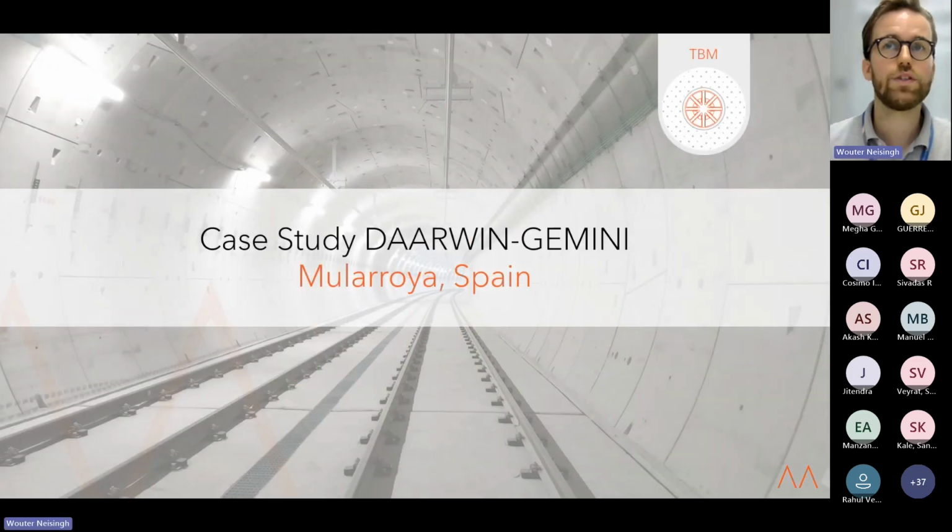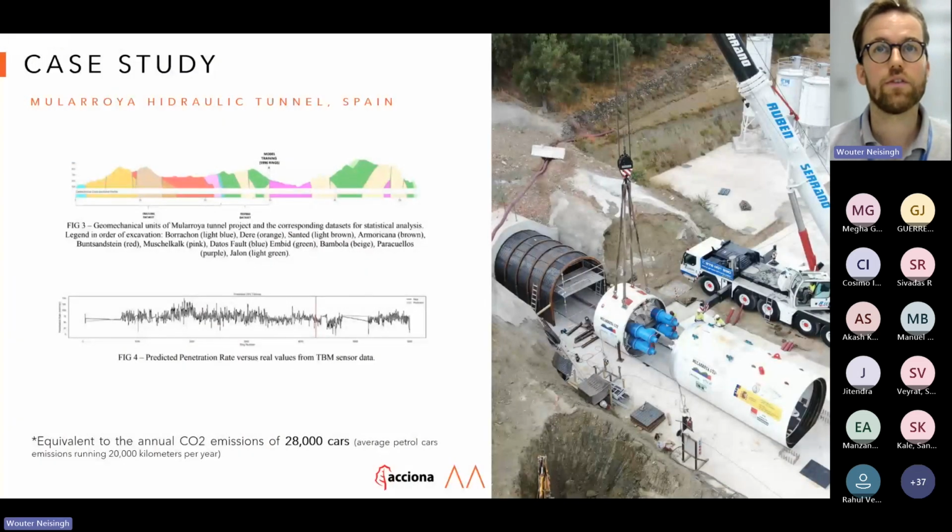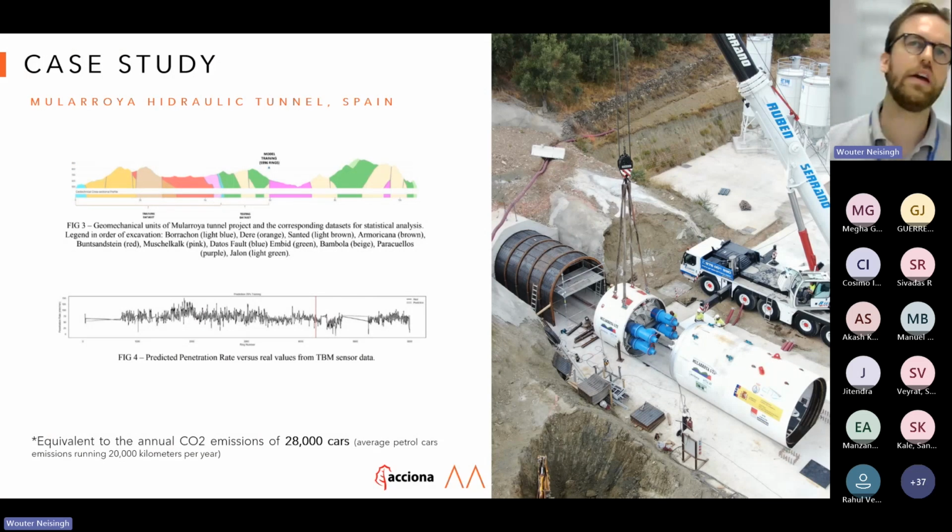Now, I'll also show you one case study for this. This was a specific project in Spain, in the northern part, in Mularoy. What we did here is, again, we operated together with Acciona. The project initially started until 2009 as a conventional drill and blast tunnel project with a small diameter, 3 meters more or less. And the stretch was a bit over 12 kilometers.